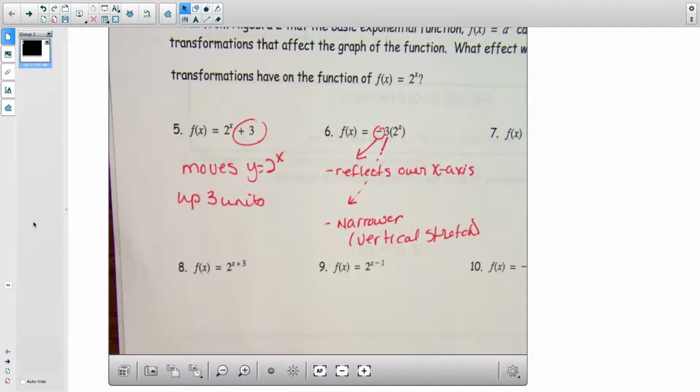Remember, I always like to refer back to that quadratic function because that's kind of where we start. Remember, in the quadratic function, what did this 2 do? It moved it left. So the 2 was part of that squared.